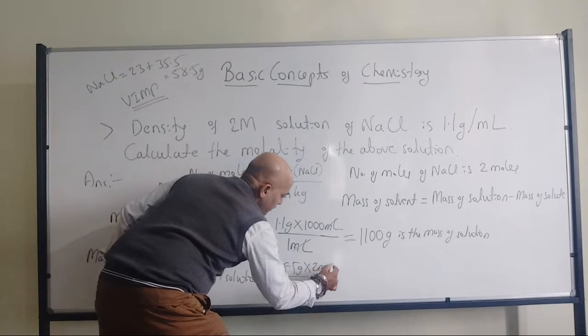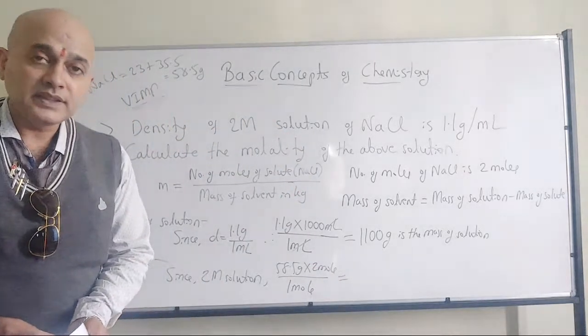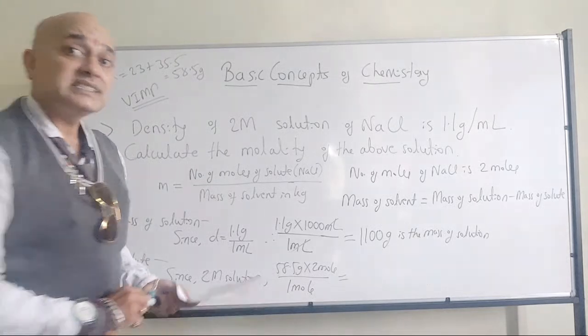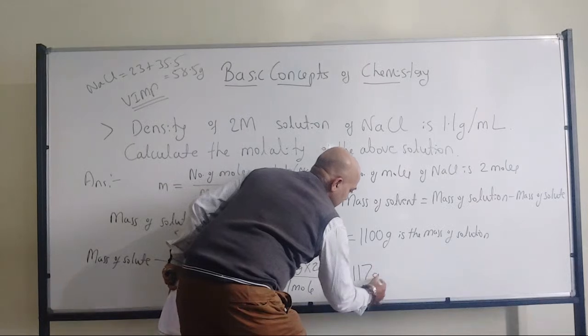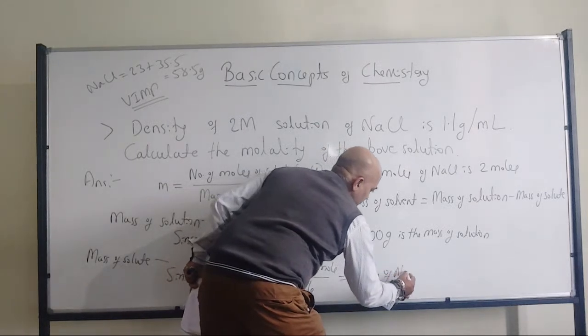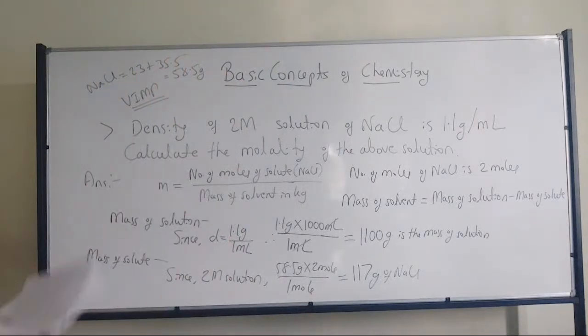How much for 2 moles? 117 grams. As you people have written, it is 117 grams of NaCl. That is solute.